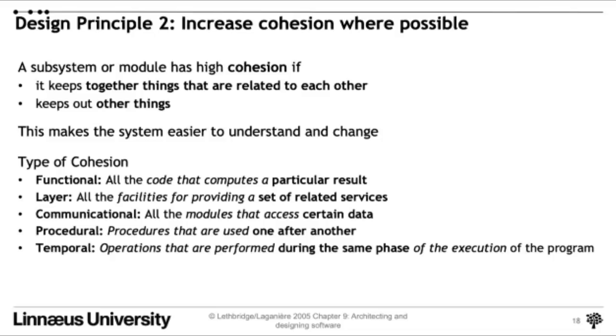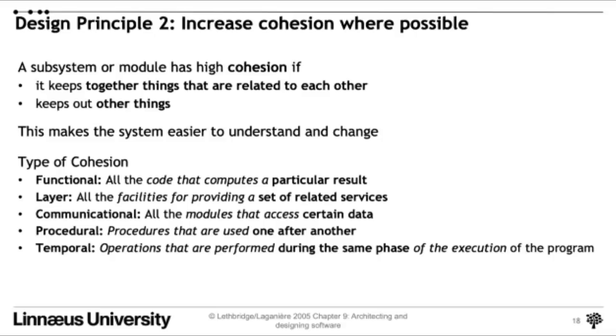It can be layer cohesion. That means all the facilities for providing a set of related services are kept together. Not only one; in Java you might have packages within packages. Then you can have one package for all the functionalities, all the services, and one package for every single service.